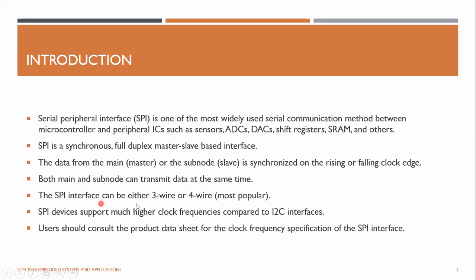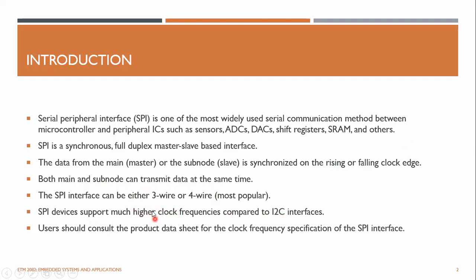So the SPI interface can be either 3-wire or 4-wire. The 4-wire is the most popular method, and I will discuss one simple example later in this lecture. SPI devices support much higher clock frequencies compared to I2C.